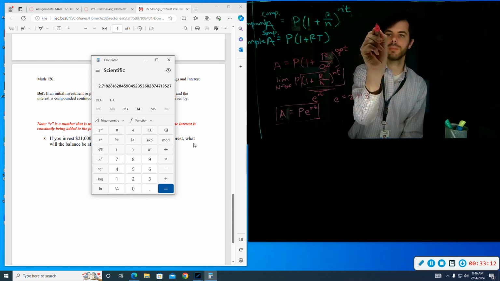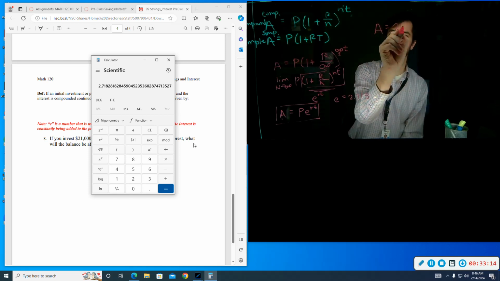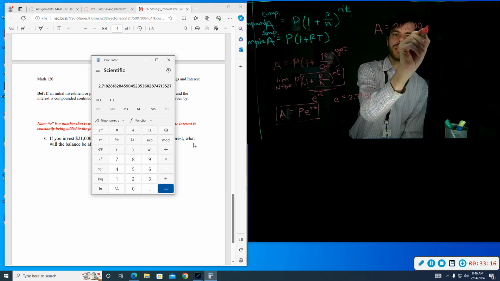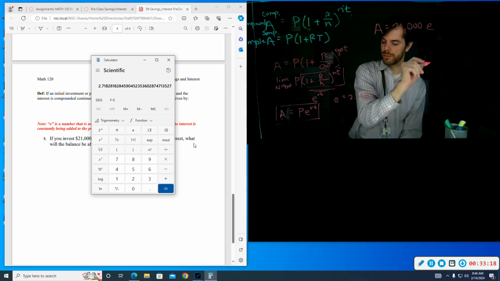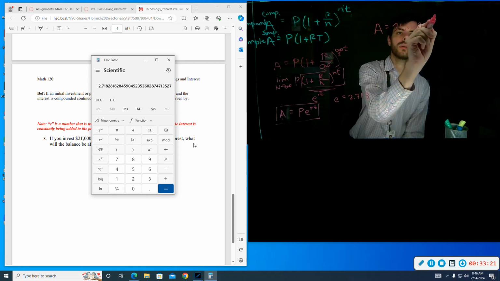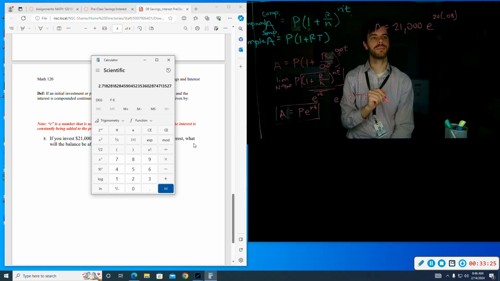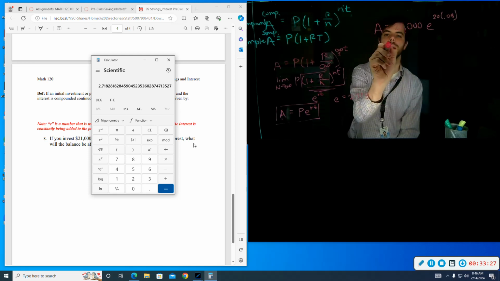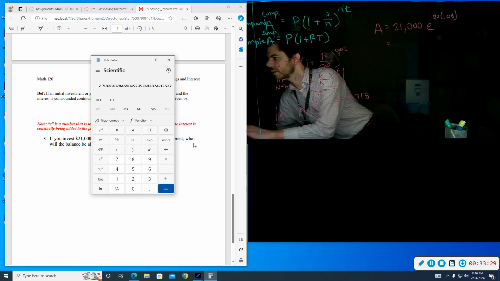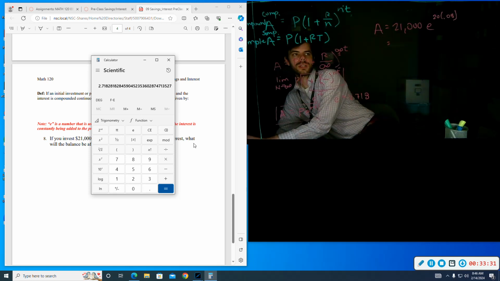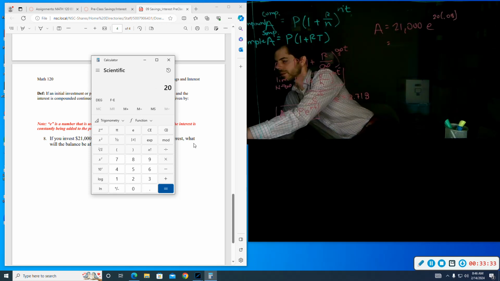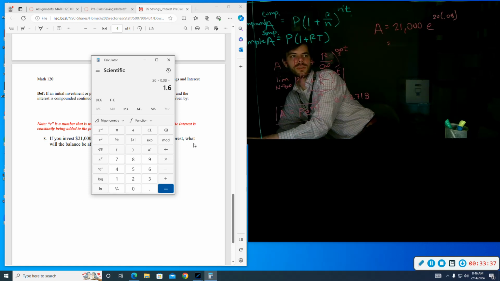Well, it's the same problem. 21,000, but in this case we're going to take e raised to the 20th power multiplied by 0.08. Okay? And that ends up giving, let's do that, 20 times 0.08, what is that? 1.6.